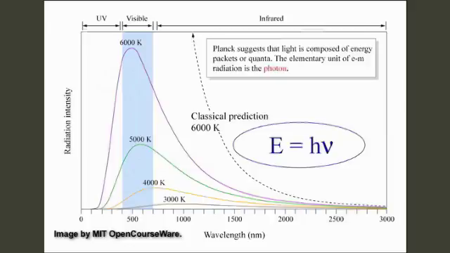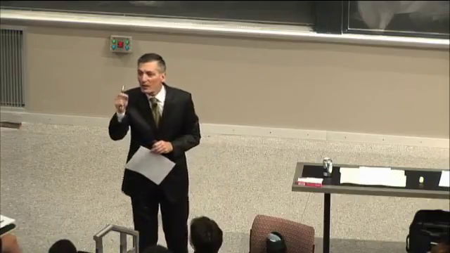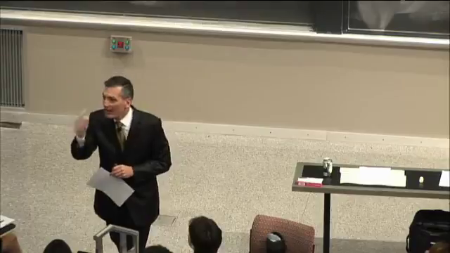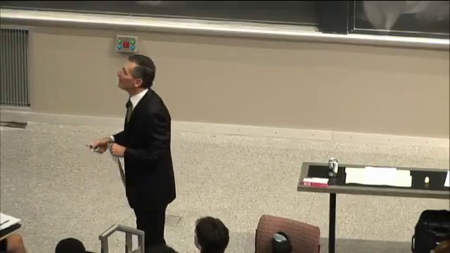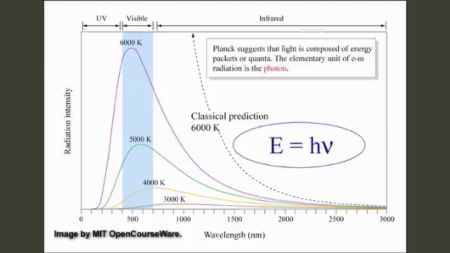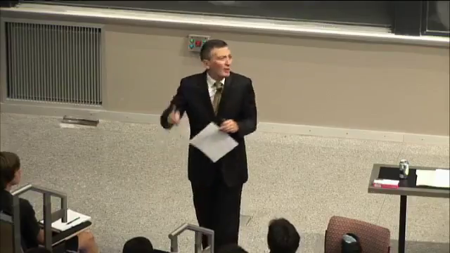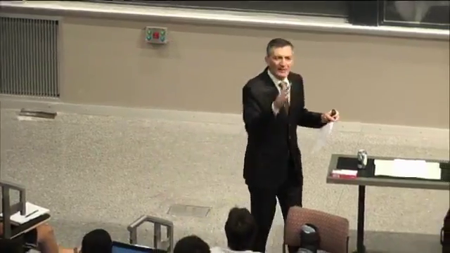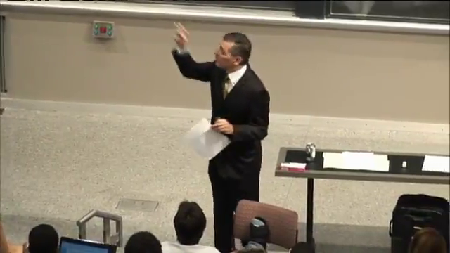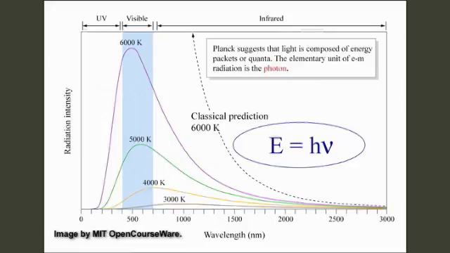In order to do that, Planck suggested that light is composed of energy packets, or quanta, that light is a stream of individual energy bits. And the elementary unit of electromagnetic radiation is the photon. You can say, well, I don't understand, where does he get that from? That's not the way to think about it. Say, if you make this assumption, you get these curves, and then figure out what it means.